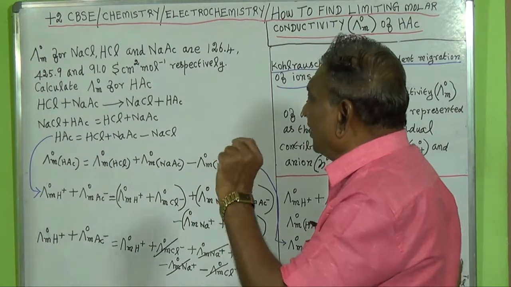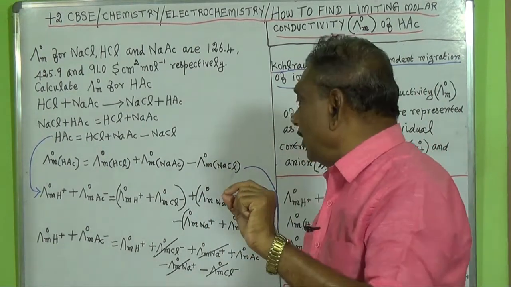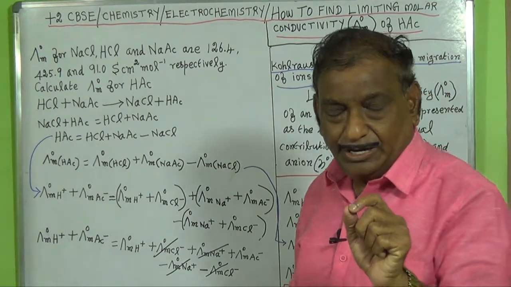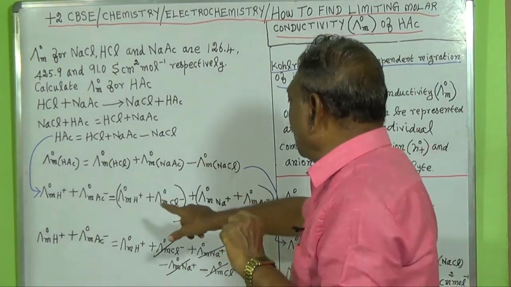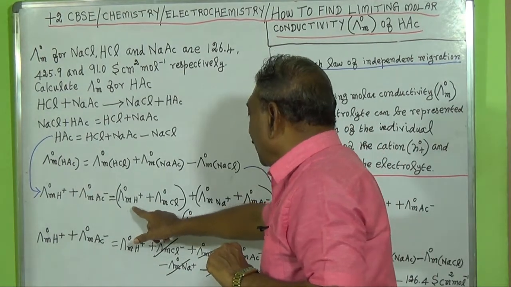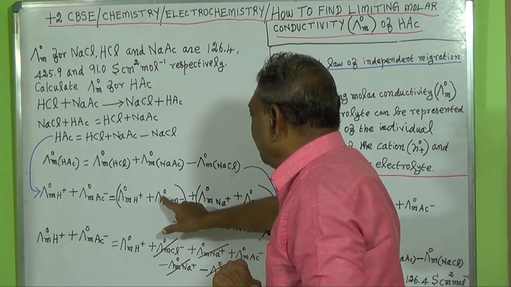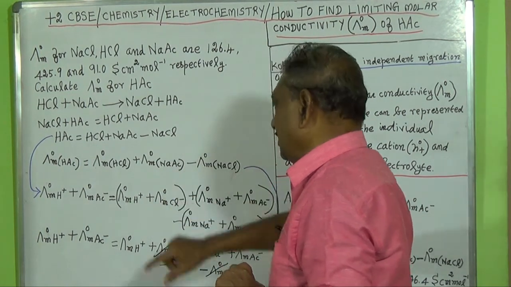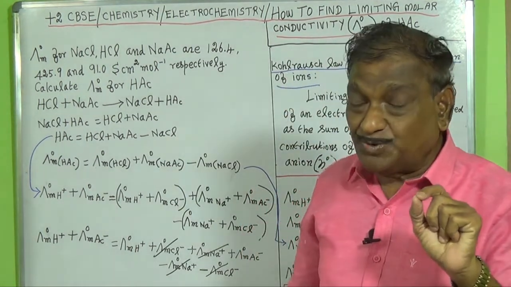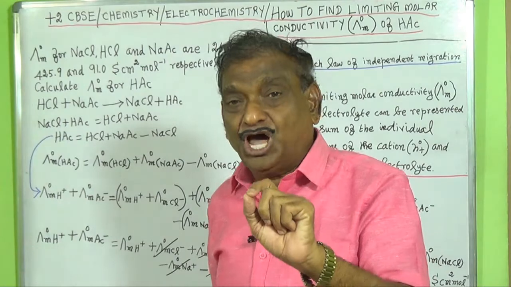Similarly, we can write the limiting molar conductivity of HCl as the sum of the limiting molar conductivity of H plus and limiting molar conductivity, that is lambda m naught, of Cl minus. As per which law? As per the Kohlrausch law of independent migration of ions.